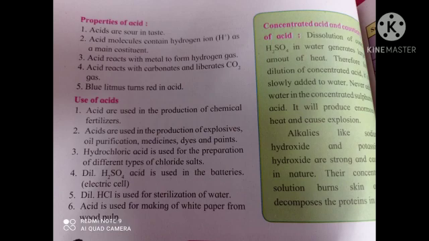Dilute H2SO4 acid is used in the battery's electric cell. We have seen that mineral acids are harmful to the body. However, organic acids are present in our body and in plants which are useful to us. Proteins which are part of our body cells are made up of amino acids. Fat of our body is formed by fatty acids.